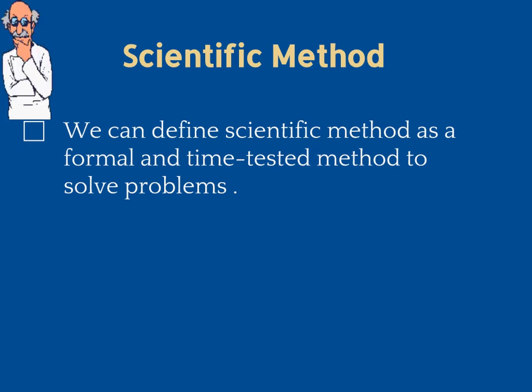What do we mean by formal? Like a plan, right? Do we have certain steps that we follow when we're doing scientific method? Yes, right? That's all we mean by formal, that there's steps that we follow. Time tested, right? Has this been used for a long time? Yes, right? And it does seem to work. Okay? That's all we mean by those two things.